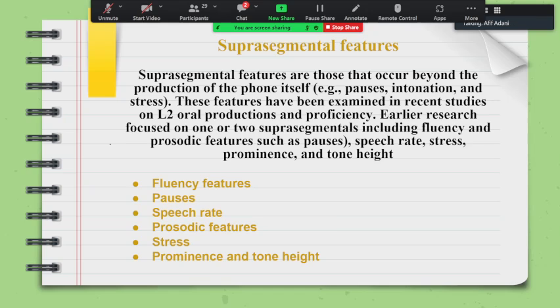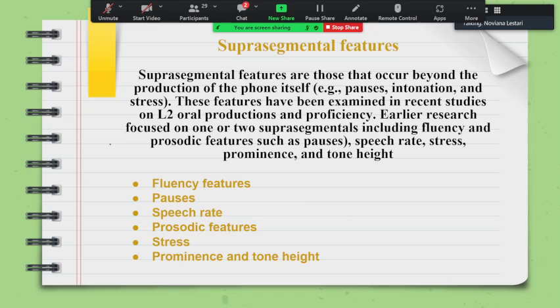Earlier research focused on one or two suprasegmentals, including fluency and prosody, speech rate, stress, prominence, and tone height. A large number of suprasegmental features have later been incorporated in oral assessment and second language pronunciation to measure their relative significance in oral proficiency, accentedness, fluency, or intelligibility.